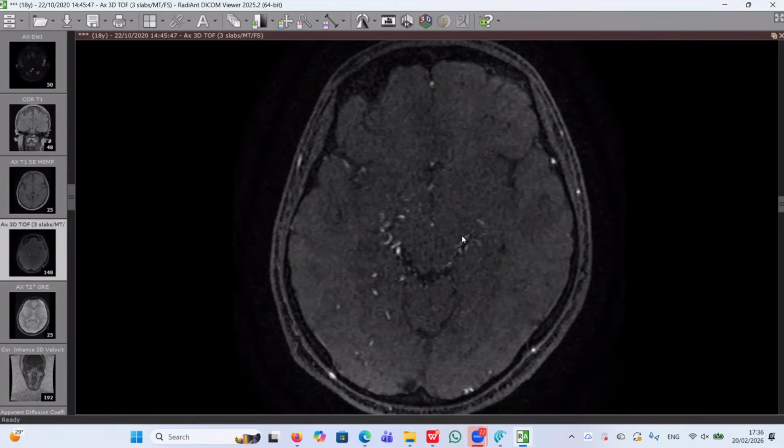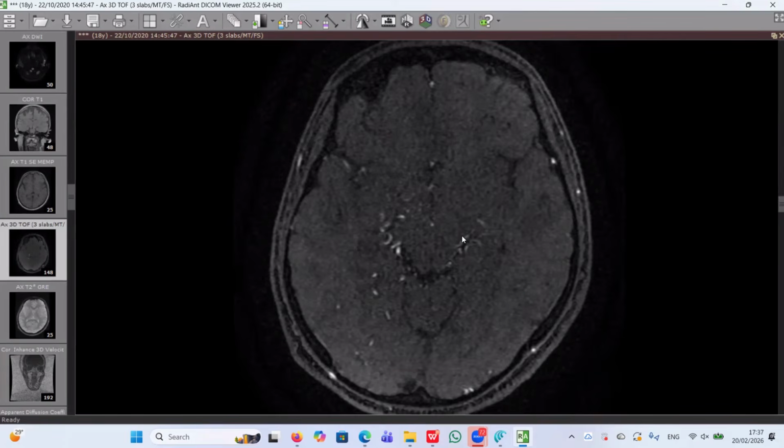I would like to add something very important for this case. When I was a resident, around 2002 or 2003, I was in the interventional radiology unit, and we diagnosed a case presented with subarachnoid hemorrhage, and then we discovered that it was Moyamoya disease.